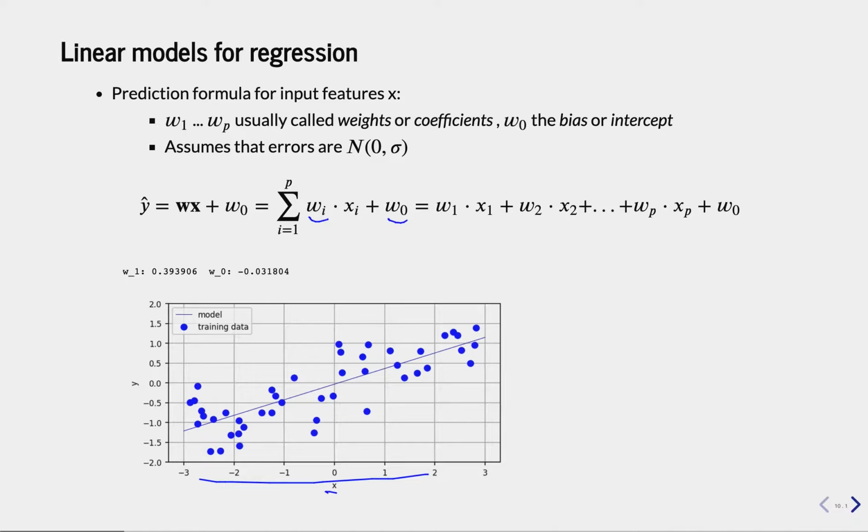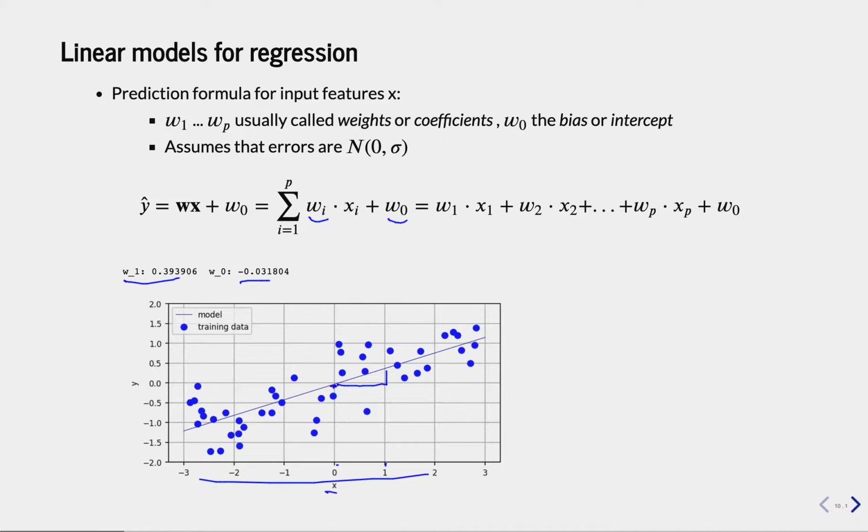If we, for instance, look at these data points, and we fit this, we see that the weight is 0.39. That means every time that x goes up 1, y goes up 0.39. Right? That's the slope of this function. And the intercept is minus 0.03. That's where it crosses the line here.